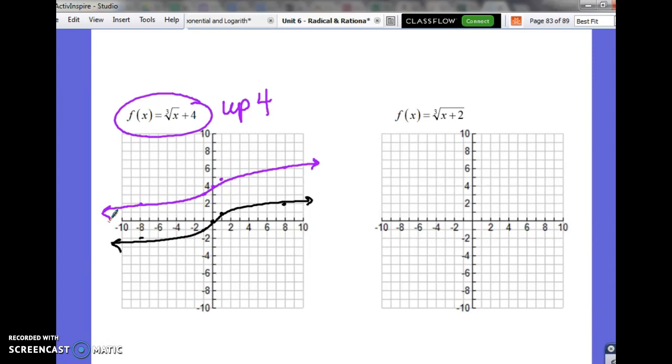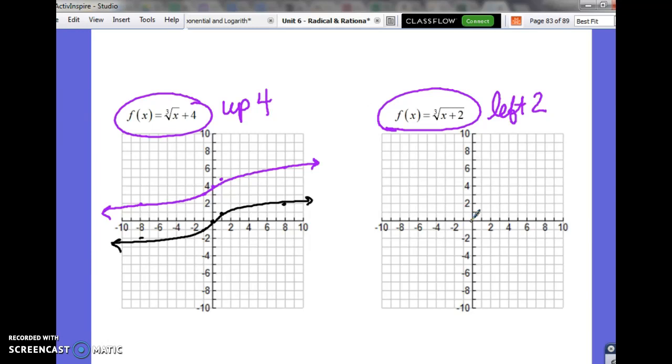So if there is such a thing as parallel curves, those would be parallel curves. When you look at this next one in your calculator, that graph has been shifted left 2 with respect to the original.